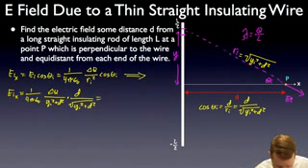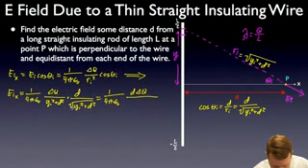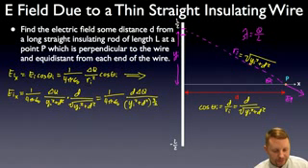Or if I put all this together, that's 1 over 4 pi epsilon naught d delta q divided by yi squared plus d squared, the full thing to the 3/2.